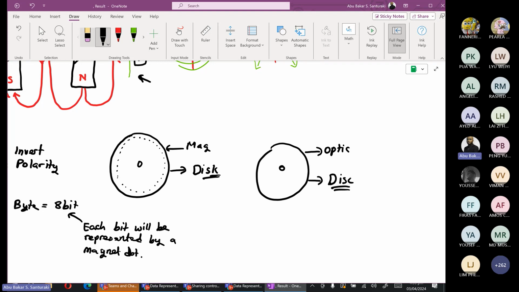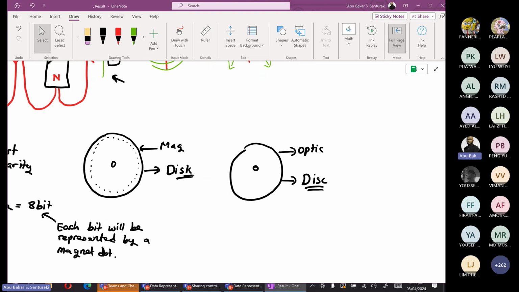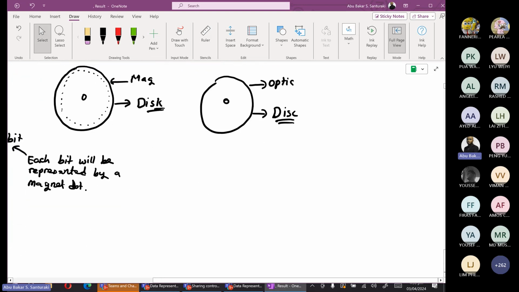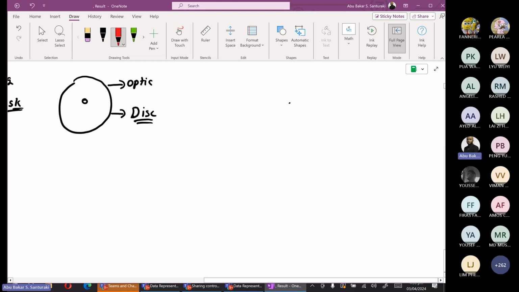All right. So let's discuss the optical technology. How does it work? It works based on the principle of light. So the magnetic technology works with magnets, magnetism, which has polarity, which we can invert. The optics uses the principles of light. So here's how it works. Let's say we have a light source.